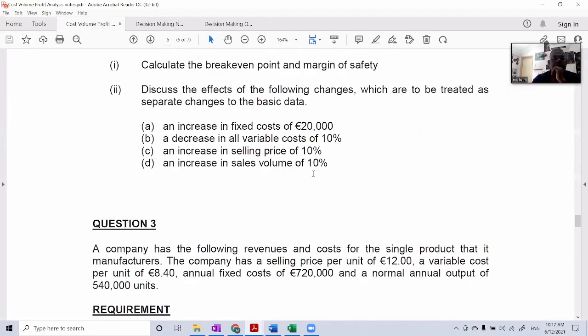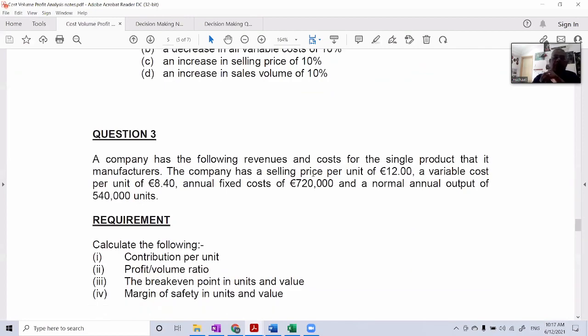All right. Now let's look at the next question. Here, question number 3. Company has the following revenue and cost for a single product that it manufactures. Selling price per unit of 12, variable cost per unit of 840, annual fixed cost 720,000, normal annual volume of 540,000. So work out the contribution per unit, profit volume ratio, which is the contribution to sales ratio, break-even point units and value, margin of safety units and value.